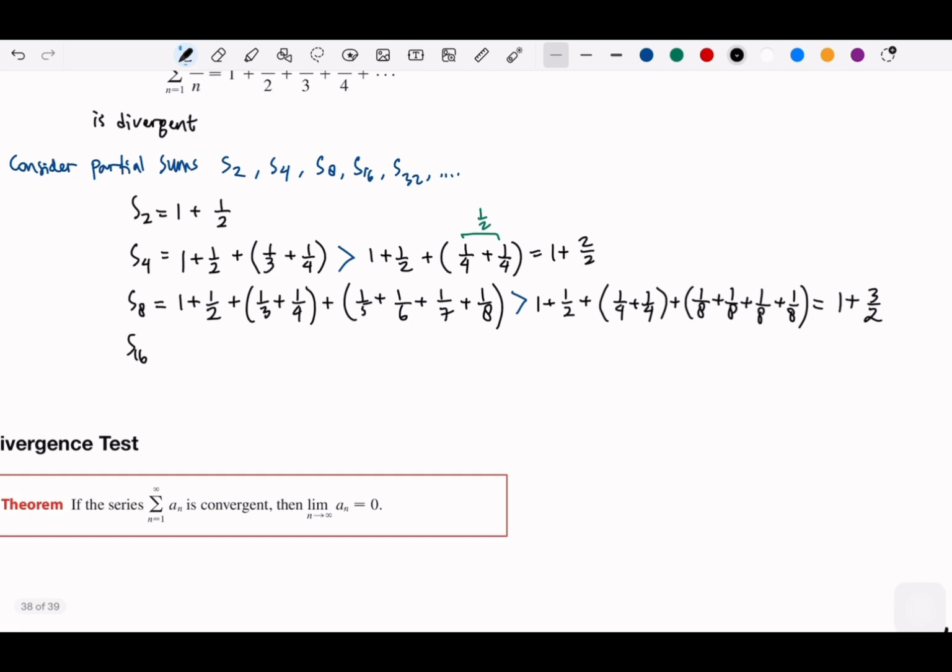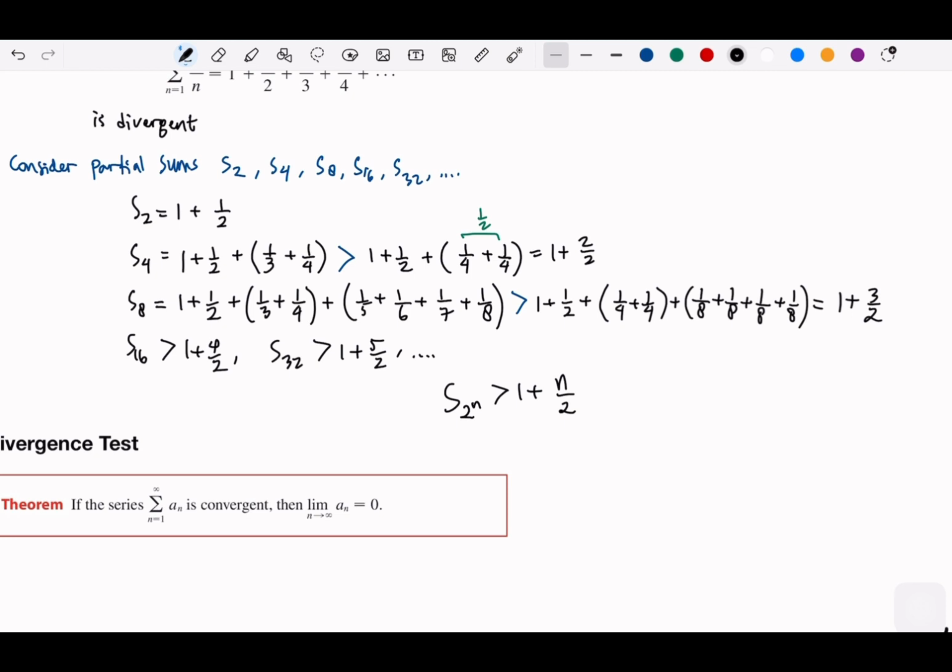Let me write a simplification: S16 is always greater than 1 plus 4 over 2, S32 is always greater than 5 over 2, and so on and so forth. And in general, S with 2 to the power of n is always greater than 1 plus n over 2.